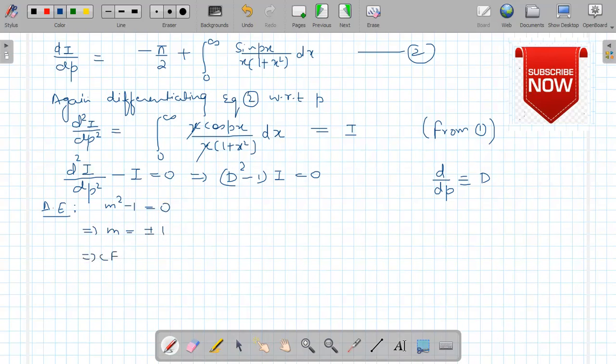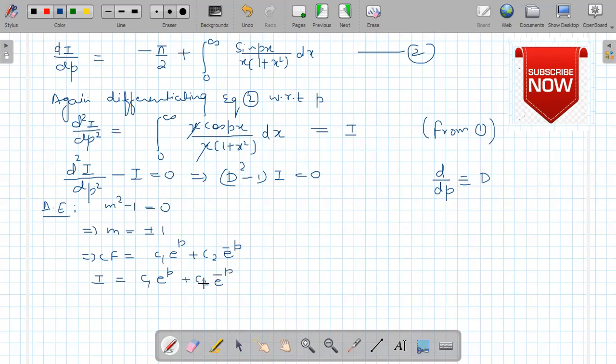So the complementary function is c1 e to the power p plus c2 e to the power minus p. Since the right hand side of this equation is 0, the particular integral will be 0. Hence the complete solution is I is equal to c1 e to the power p plus c2 e to the power minus p.